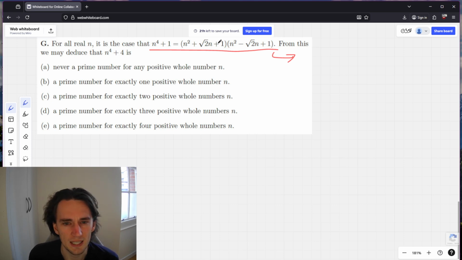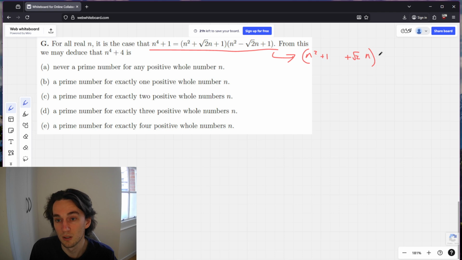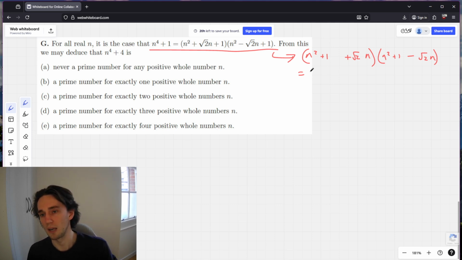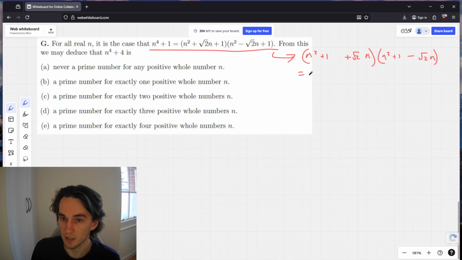And quite nicely here, if we take a second to look at these brackets, this is basically a difference of two squares, isn't it? We've got n squared plus 1 plus root 2n, and we've got n squared plus 1 minus root 2n. So our difference of two squares is going to be n squared plus 1 squared minus root 2n squared.